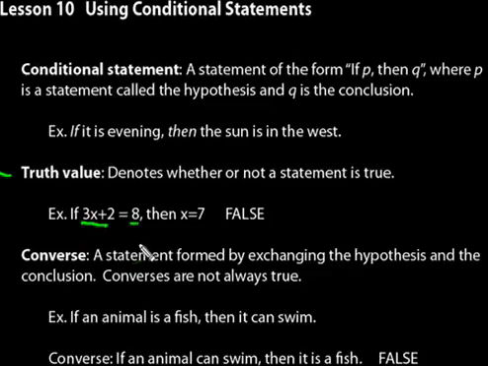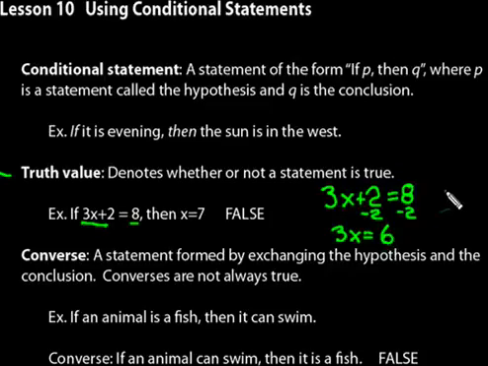We've used a conditional statement there, but it has a false truth value, because if we did the math on that, 3x plus 2 equals 8, subtract 2 from both sides, we get 3x equals 6. 3 times what equals 6? Well, 3 times 2 equals 6. x equals 2. So that would be true if we had said if 3x plus 2 equals 8, then x equals 2. Now that would be a true conditional statement. So that was false because the conclusion was false.